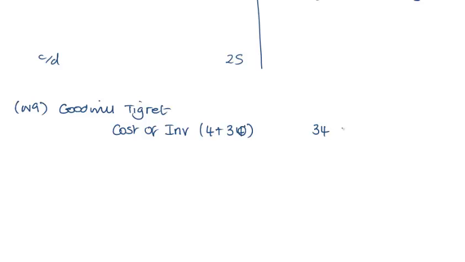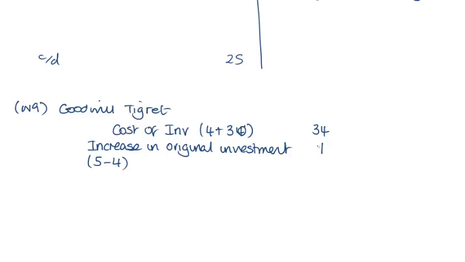So what we have to do is to revalue our original investment upwards. So increase in original investment. We bought those shares for 4. We've revalued them to 5, so we've revalued them up by 1.